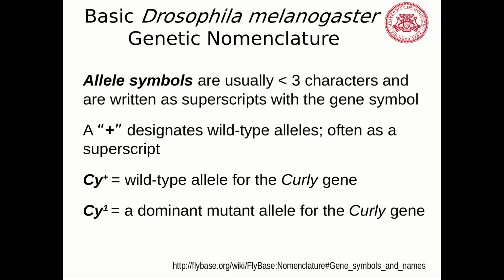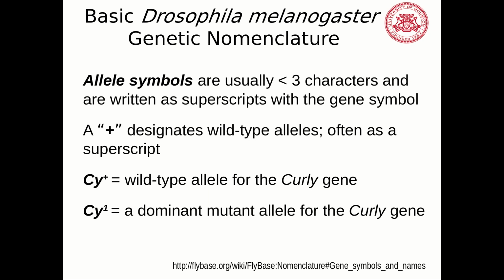Allele symbols are usually less than 3 characters. Some of them are 3 characters, but generally it's 1 or 2 letters. Whenever you see a plus, it designates the wild type allele.